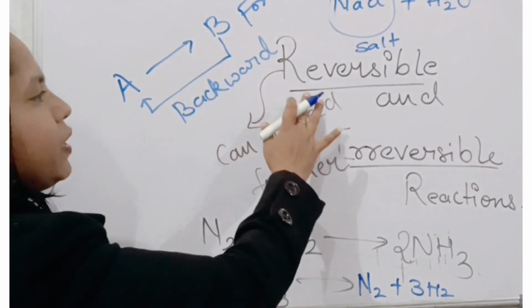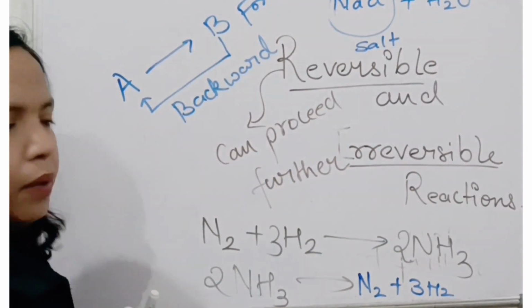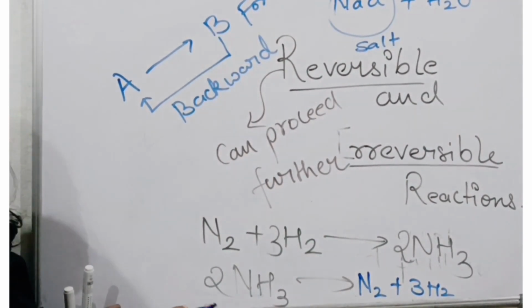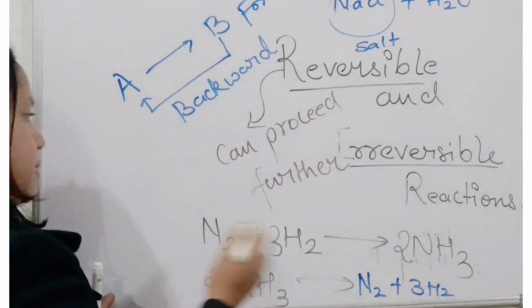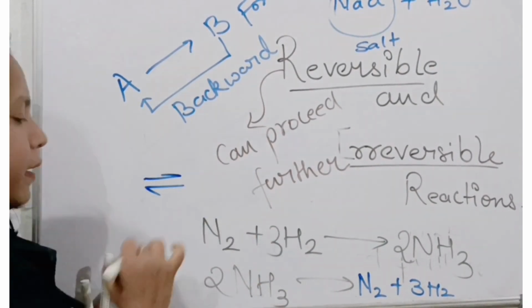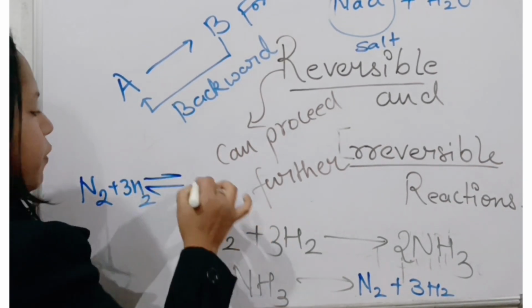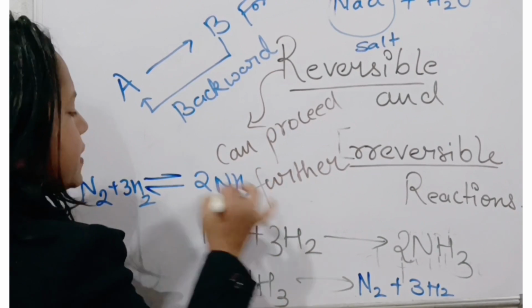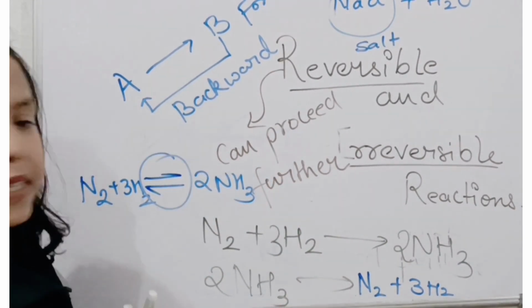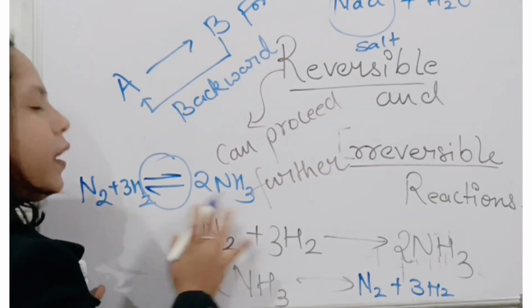Okay, so generally those reactions which are reversible, we will represent by this arrow. For example, N2 plus 3H2 forms 2NH3. Sometimes students are very confused. They say, ma'am, this is nothing but equilibrium. No, student, this is not equilibrium.